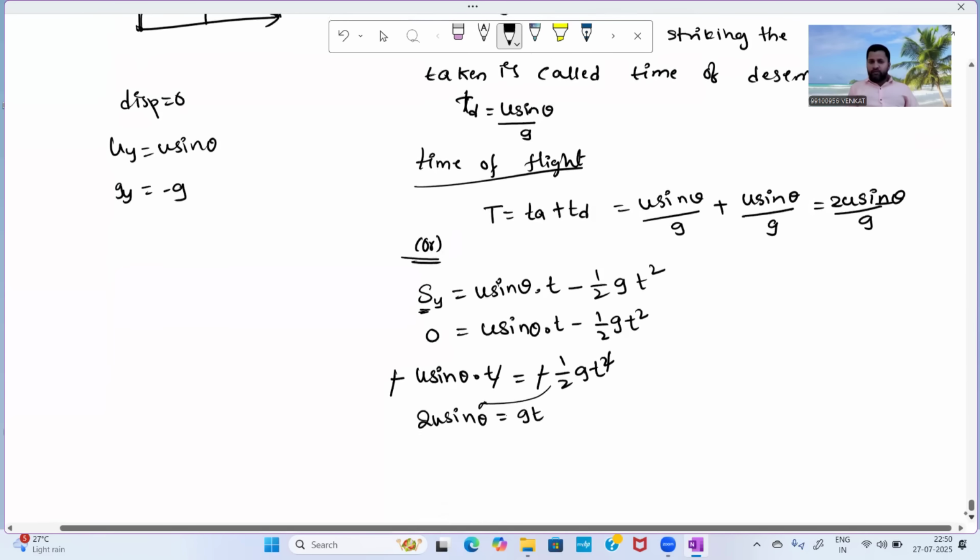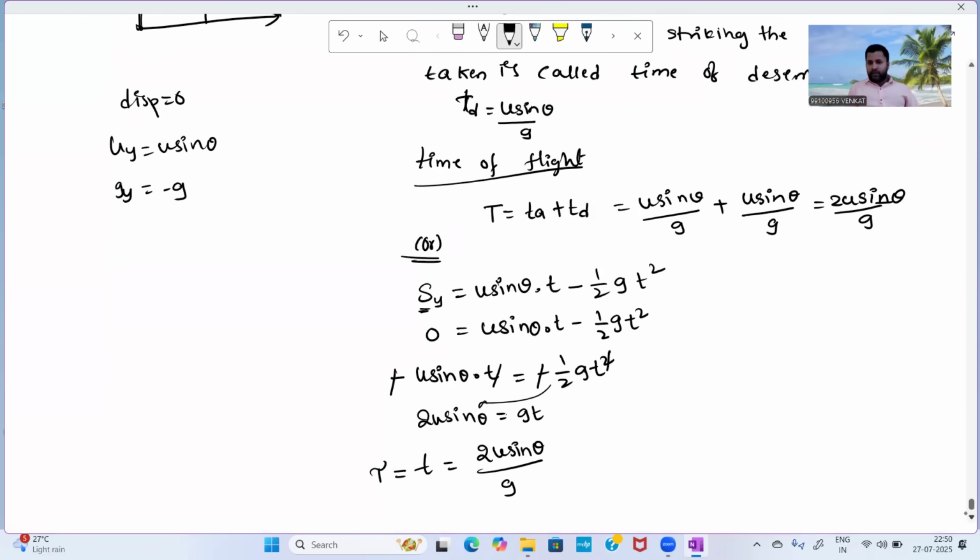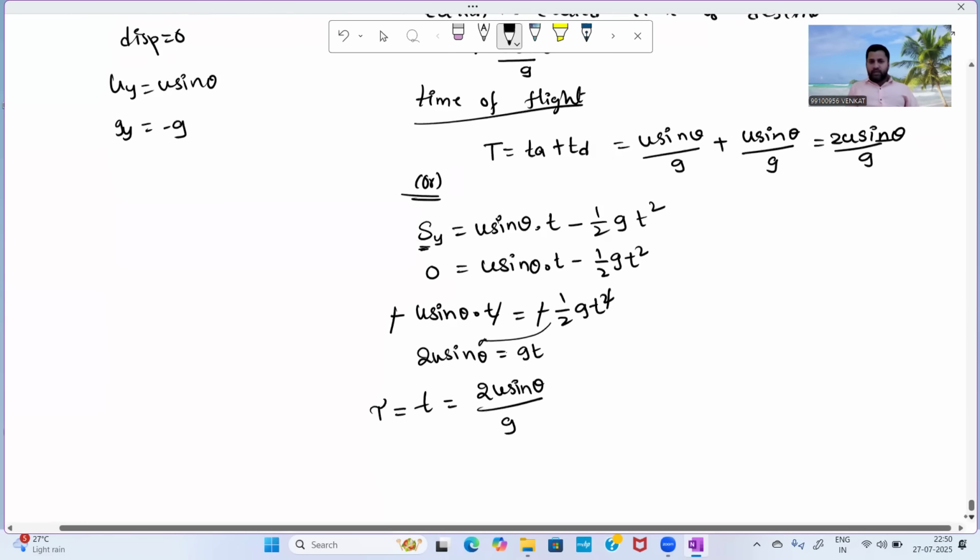From this equation we want t. T is equal to 2u sine theta by g. This is the time of flight, which we represent with capital T. The time of flight is T equal to 2u sine theta by g.